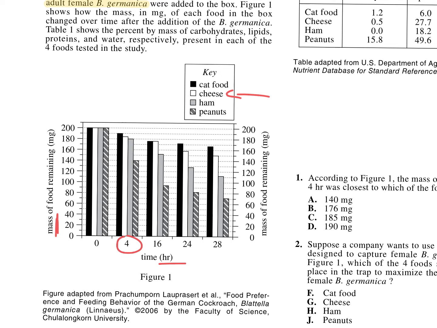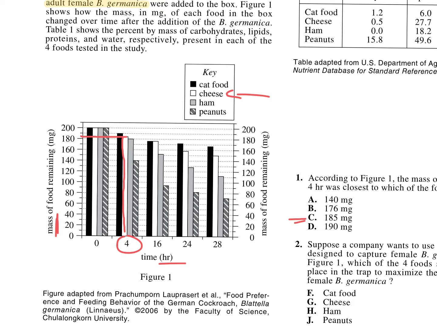Here's cheese, this one right here. Where's that at? 185. It's just a little above 180. That is a look it up question. That is very direct. It says, go here, here's this, find the answer.